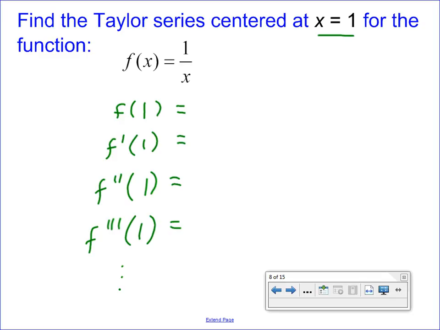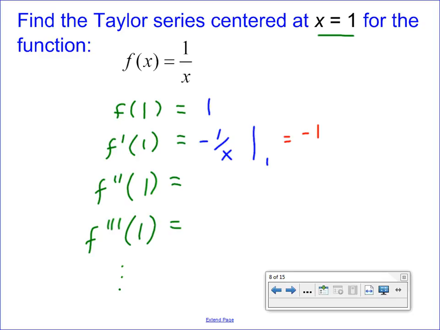So here we go. F of 1, evaluate my original, 1 over 1 is just 1. F prime of 1, we need our first derivative. So differentiating our reciprocal function 1 over x gives us negative 1 over x squared. Evaluated at x equals 1, I get negative 1. Is that what you guys are getting? Let's do f double prime.